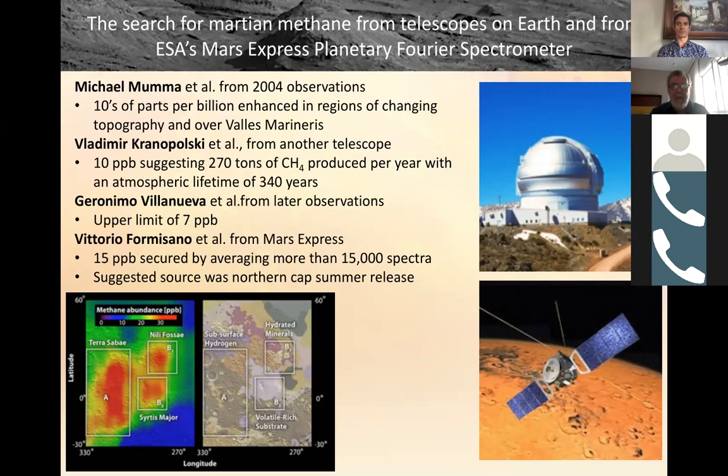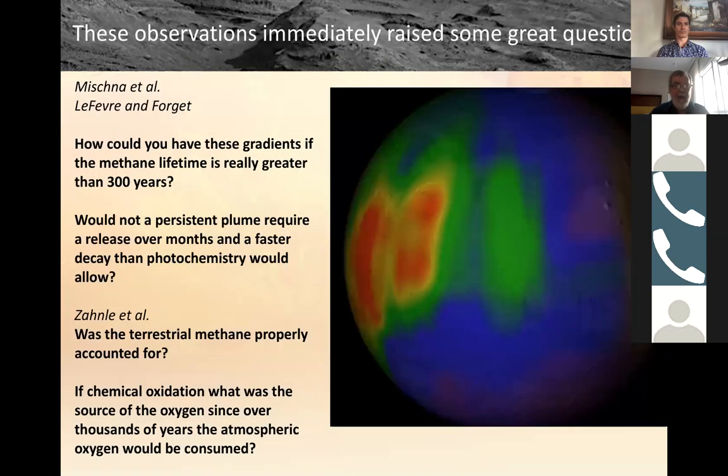The image you see on the bottom left is really from Mike Mumma's observations from the observatory in Hawaii, suggesting that methane was localized in those particular mid-latitude areas.